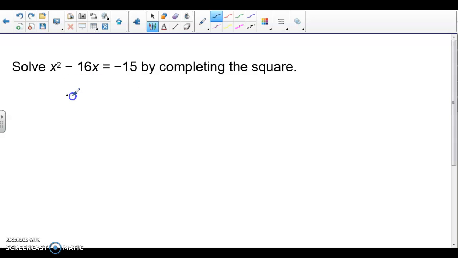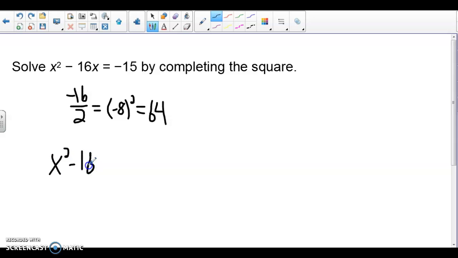So we're going to take half of b, which is half of negative 16, which gives us negative 8, and we're going to square it. So negative 8 squared is positive 64. So I have to add 64 to both sides now. I'm going to add 64 to the left-hand side, which will give me x squared minus 16x plus 64.